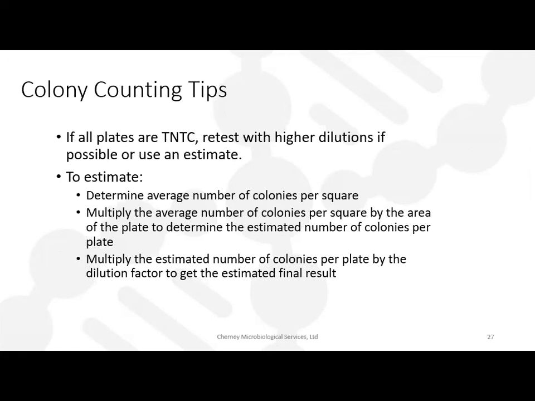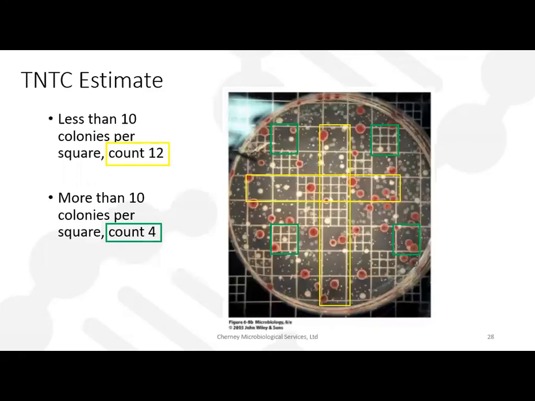Okay. So when I'm talking about average per square, and I'm talking about the colony counter that I was referencing before, this grid plate is very helpful when you're doing an estimation. So if you have less than 10 colonies per square, you should count 12 squares perpendicular to one another, highlighted in yellow here.